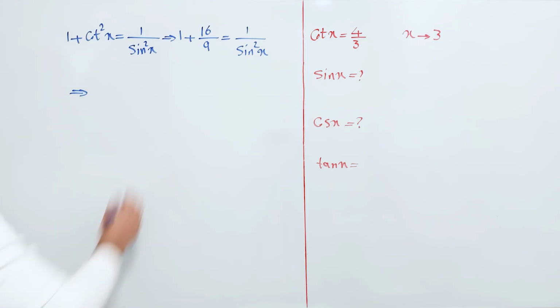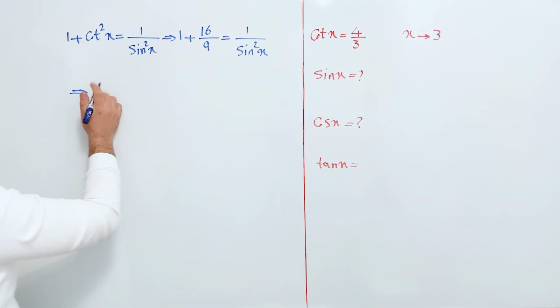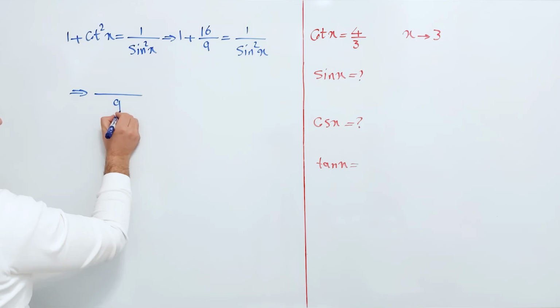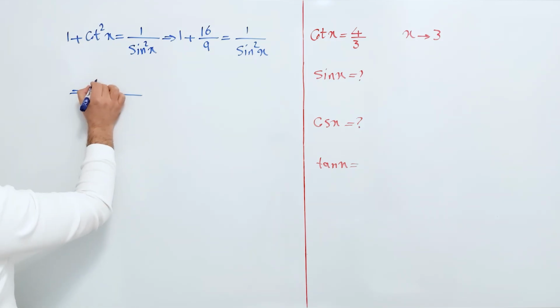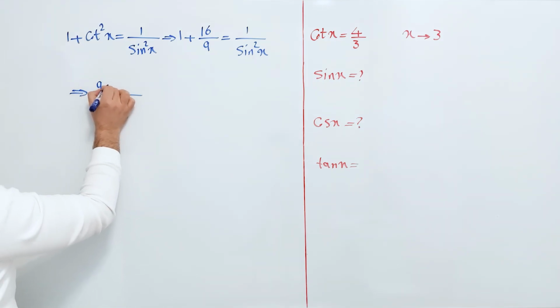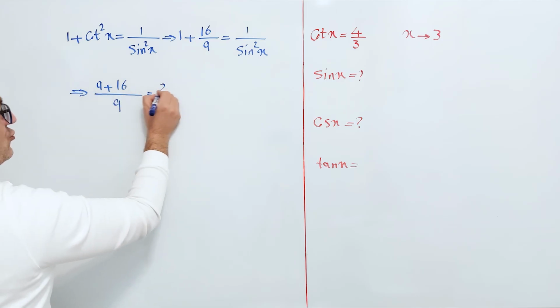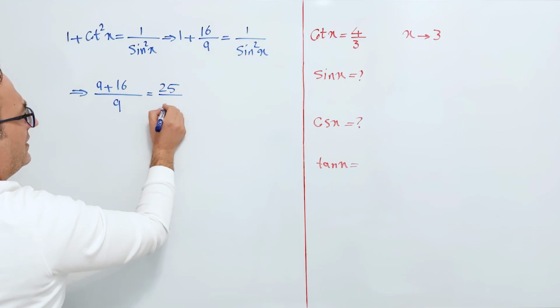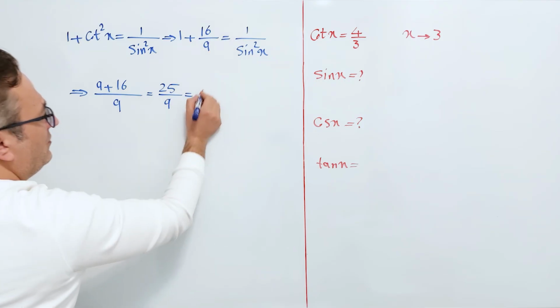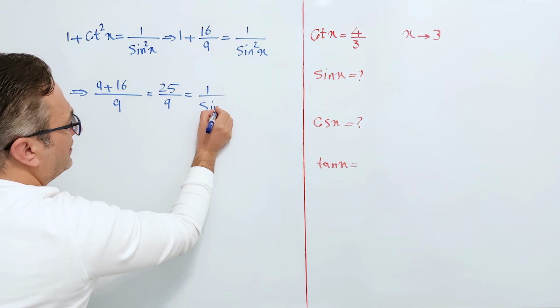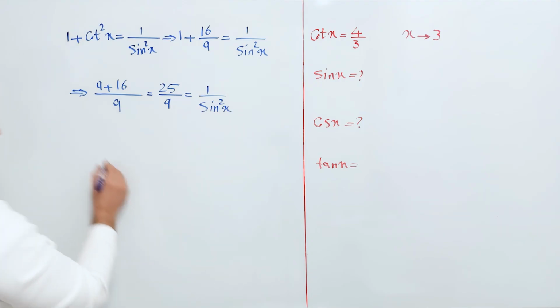If we take a common denominator, we have 9, and in the numerator we have 9 plus 16, so 25 divided by 9 is equal to 1 over sine squared x.